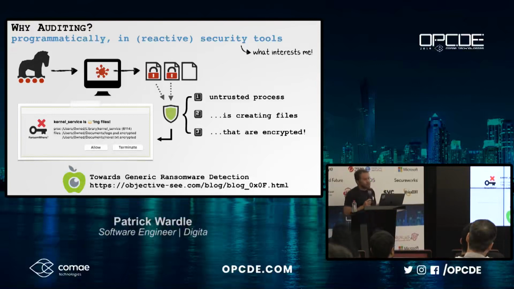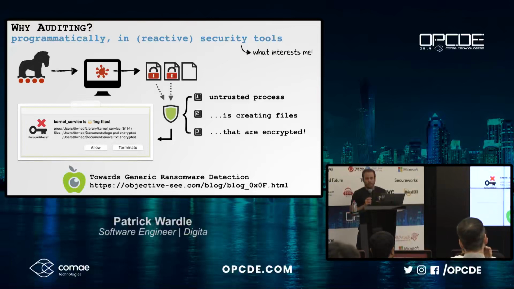The tool taps into the auditing subsystem to get process notification events and also file I/O events. The audit subsystem will tell the tool whenever a new process is started and whenever a new file is created or modified. Then all the tool has to do is examine that file to see if it's encrypted and keep track of some files and also see what process is creating those encrypted files.